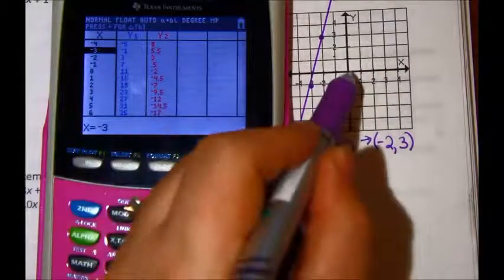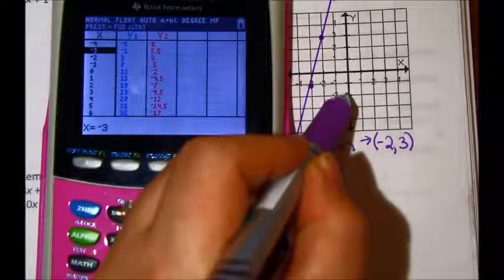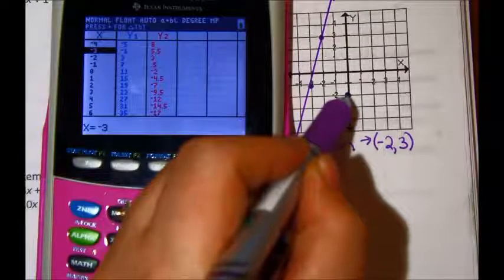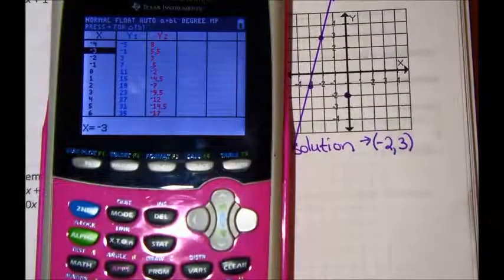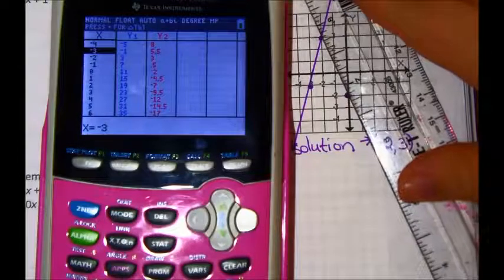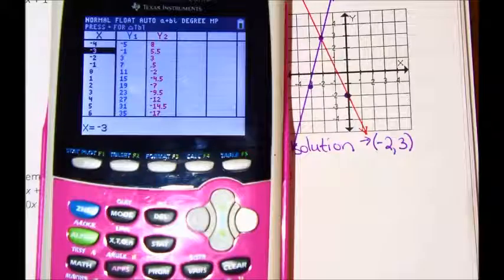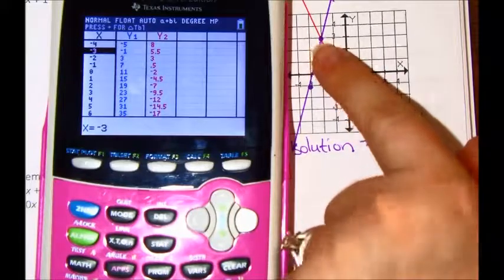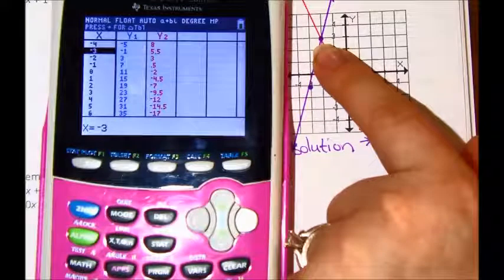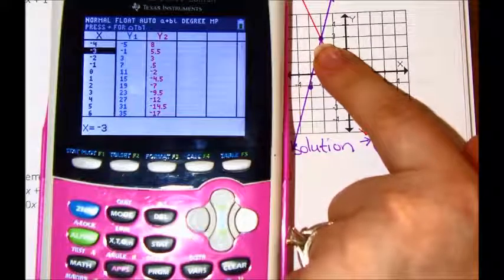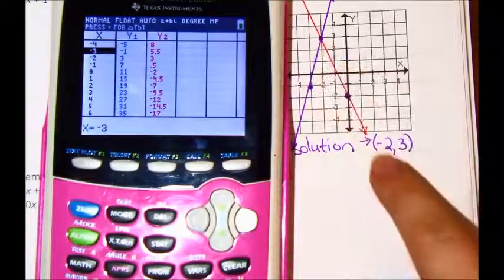So 0, -2. Now we draw a line between our 2 dots. As you can see, my solution is where they cross. They cross at -2, 3, and I need to write my solution as a point.